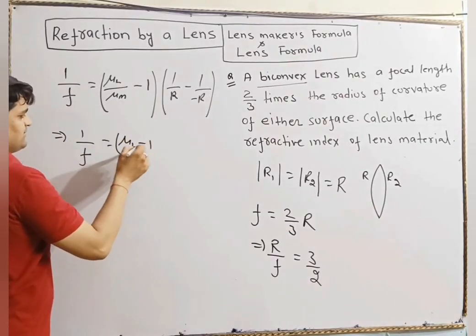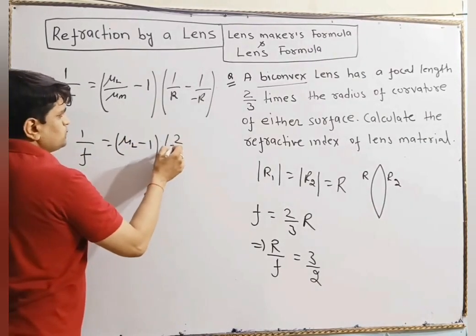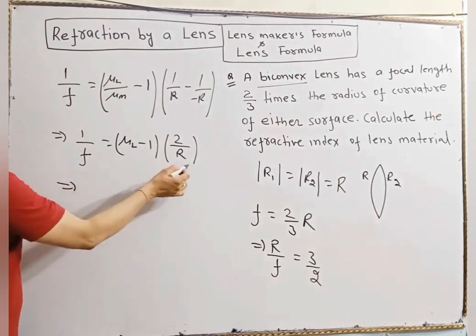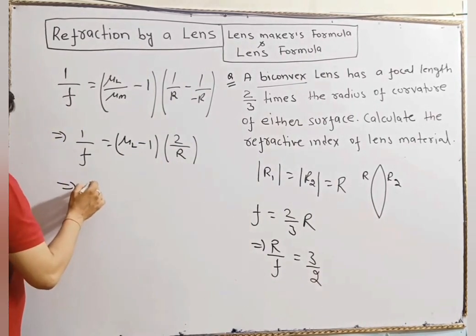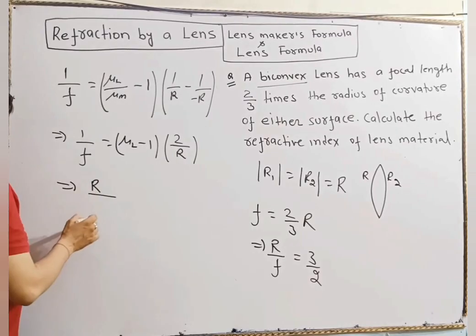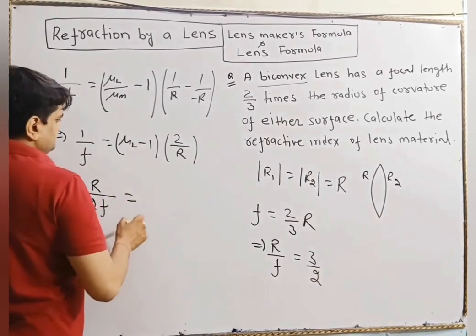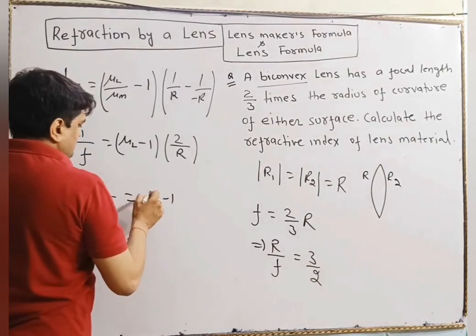It will be (mu L minus 1) times 2 upon R. Now take R on the left side, it will be R upon 2F equal to mu L minus 1.